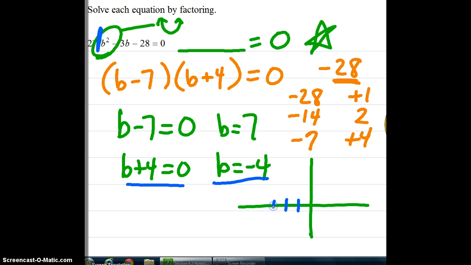So if I were to graph this, I'm going to have an x-intercept at negative 4 and a positive 7. So we would have an up parabola. It'll be a graph of a U, and graphically, that's what these solutions show you.